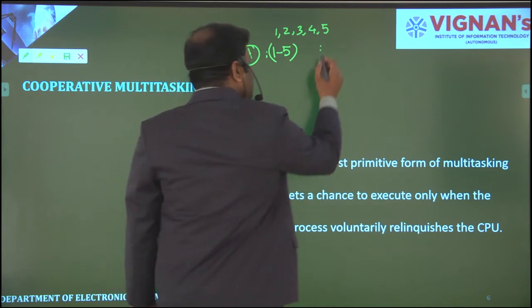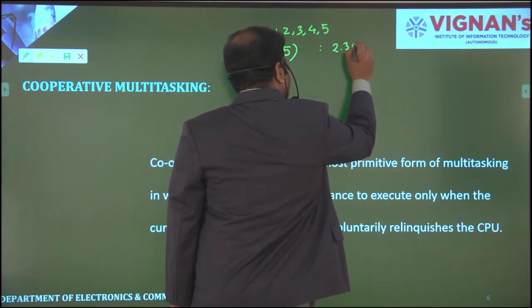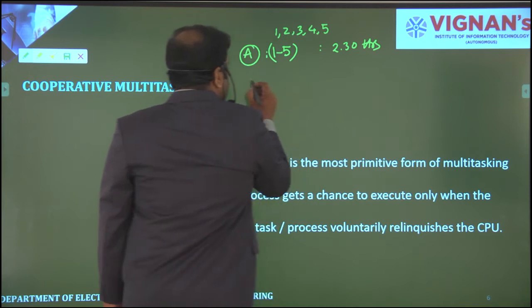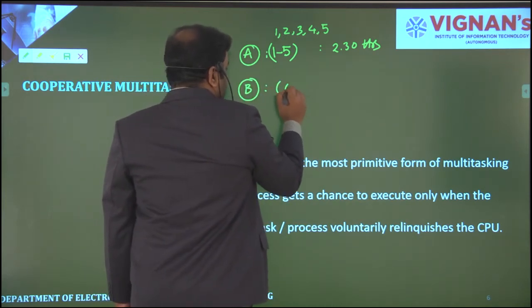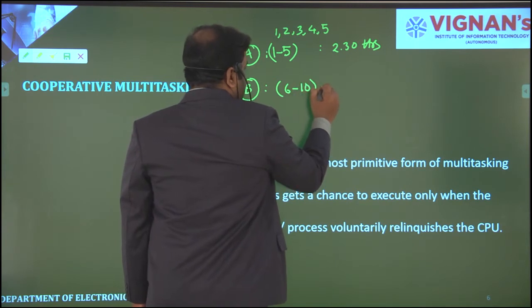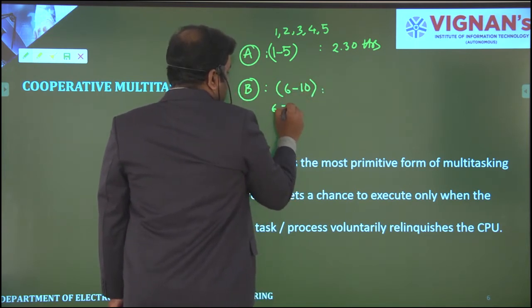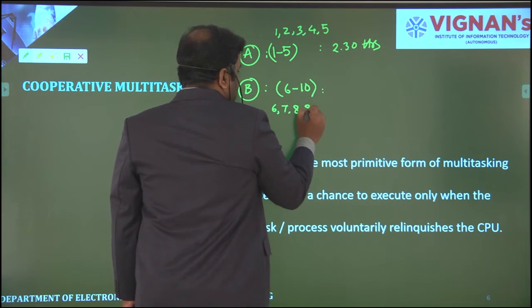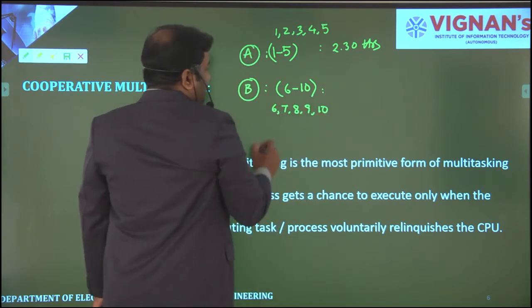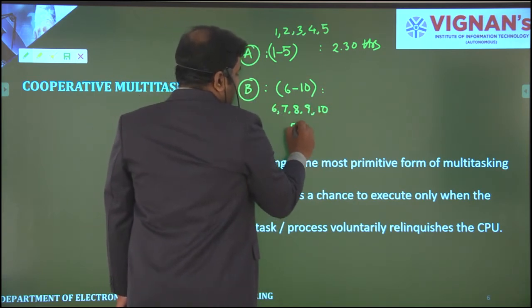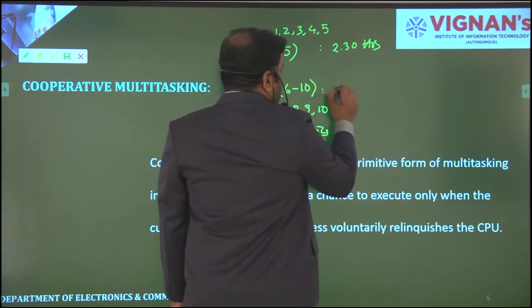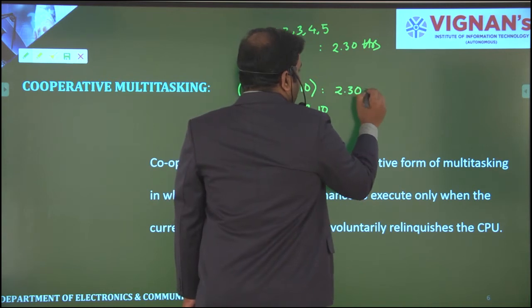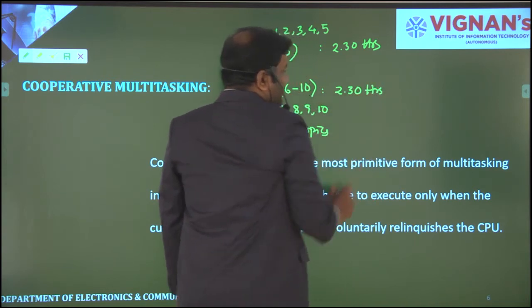So 5 into 30 is nothing but 2.5 hours. Simultaneously, student B prepares topics 6 to 10, like 6, 7, 8, 9, 10. He is also preparing only 5 topics, so he also will take 5 into 30, 2.5 hours.